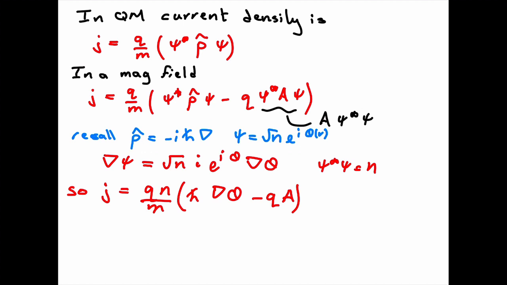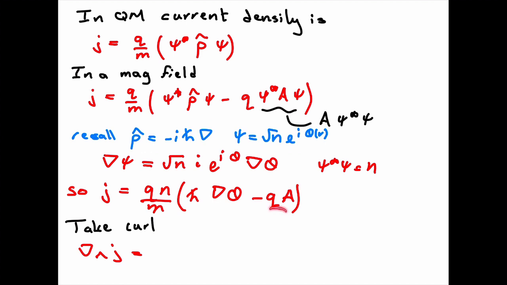Having done that, our final step is to take the curl. If we do that, we will get the curl of J with my constants, and I'm going to get two terms: the curl of A with all of these constants out the front, and the curl of grad theta. But remember that the curl of the grad of a scalar function is 0.